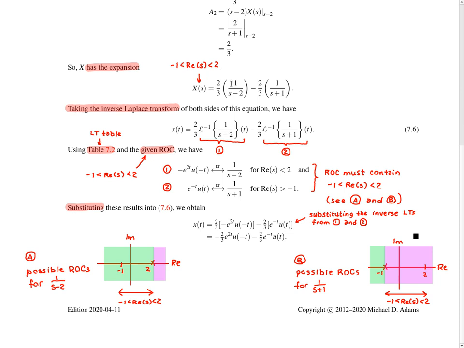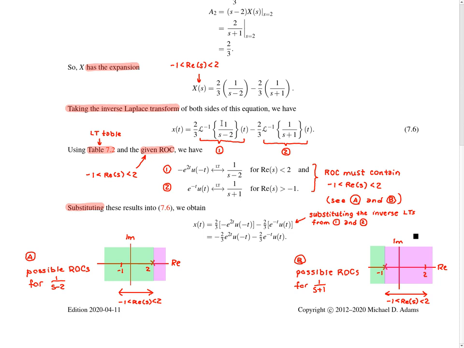In other words, we have to choose a region of convergence for 1 over s minus 2 such that it converges in this region real part of s between minus 1 and 2. Similarly, when we choose the region of convergence for 1 over s plus 1, we have to choose a region of convergence that includes this region real part of s between minus 1 and 2. So keep this in mind because we're going to need this when we go forward later in the solution.